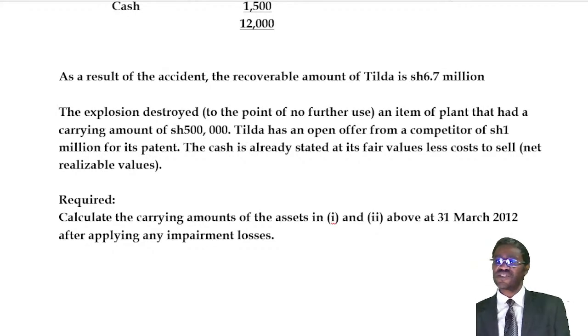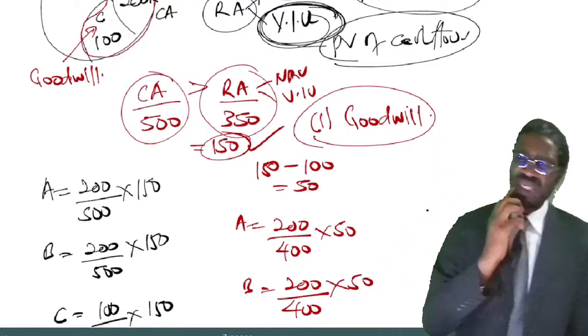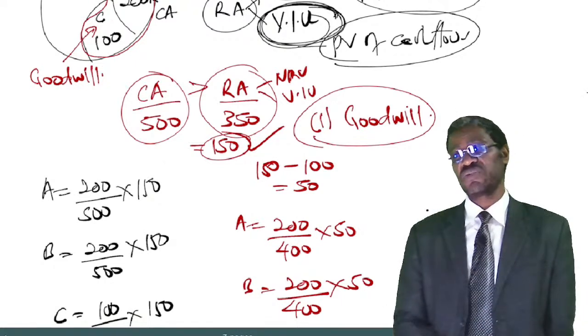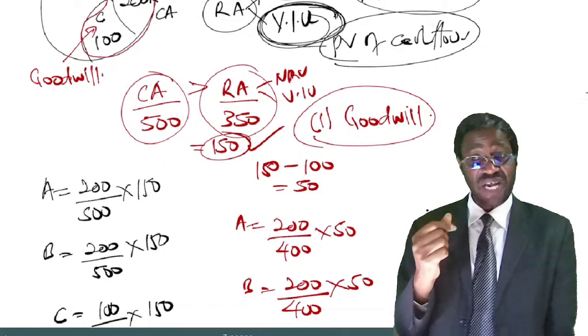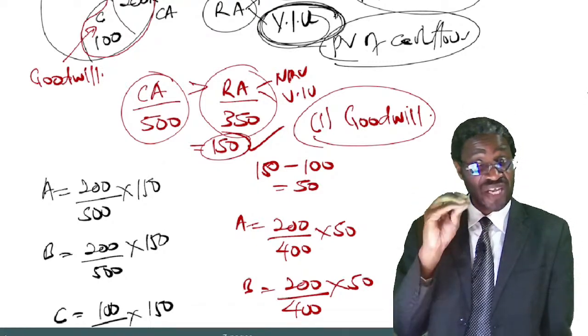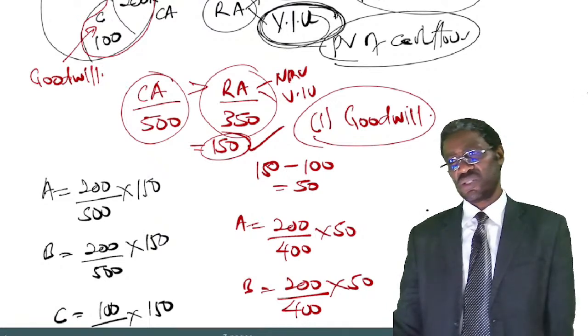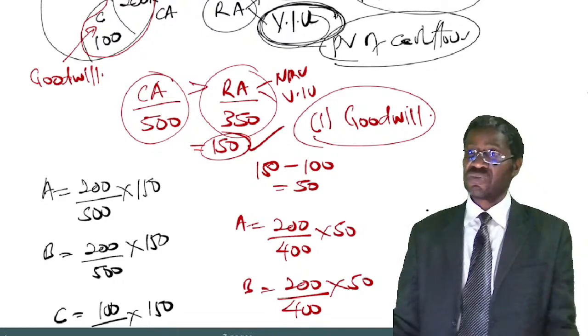Now, listen. We did a similar question in the normal class. I think it was November 2020 question, except that one did not have a lot of issues like this. This has two issues. The other one had only tested you on one issue.